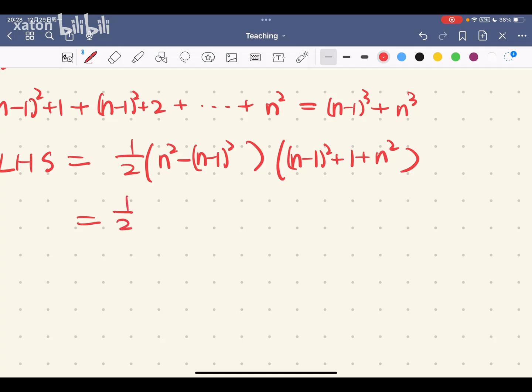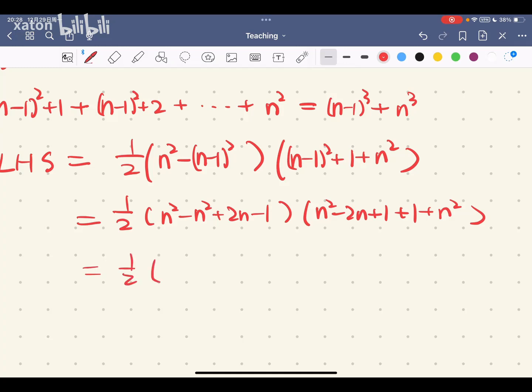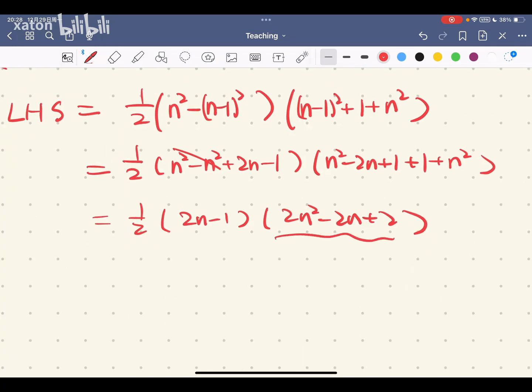It's 1 over 2 times n squared minus n squared plus 2n minus 1. This is actually very basic. I think everyone should be able to do this quickly. We cancel out the quadratic term. What we have right now is this. And this can be factorized, so we get this.